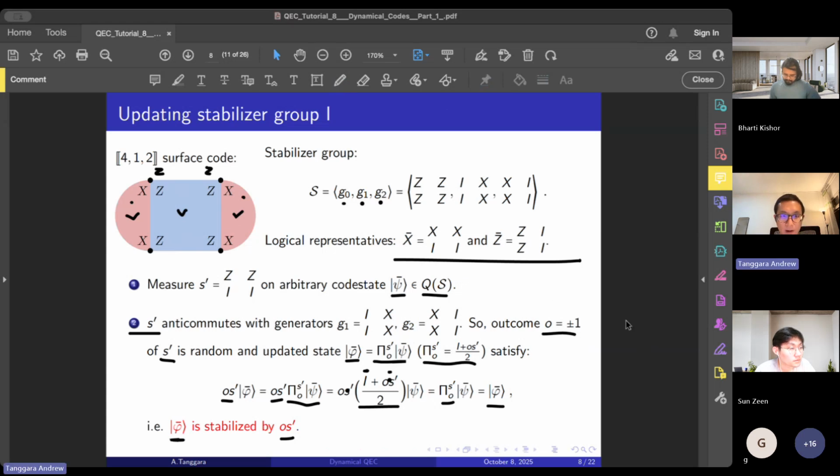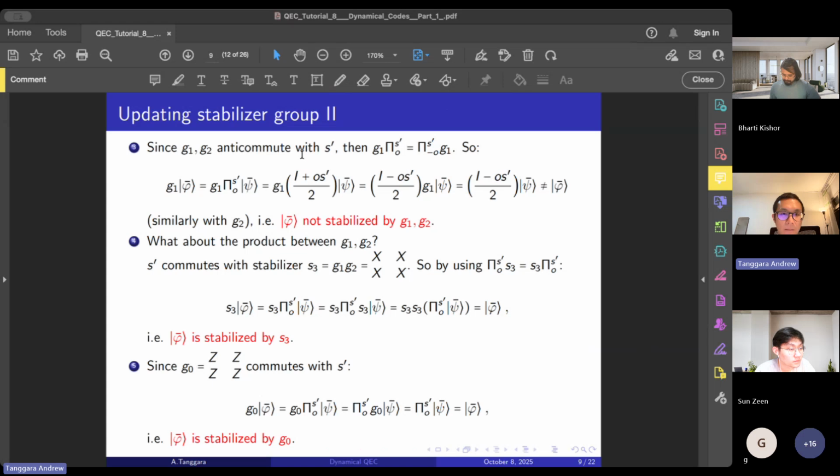Okay, so we're gonna look at the other cases. So the next case is I'm gonna look at this G1 and G2. So if you remember, G1 is XX on these 2 qubits. Let me just redraw that. Right. So we have these 4 qubits, and that's G1, and we have this XX, and that's G2.